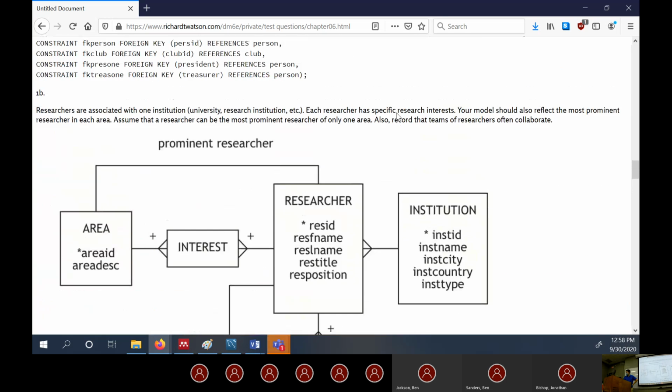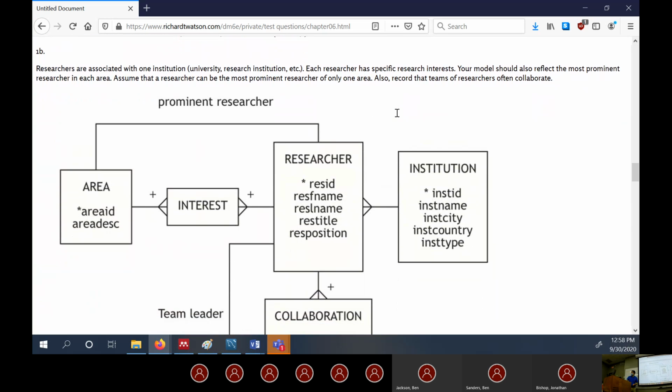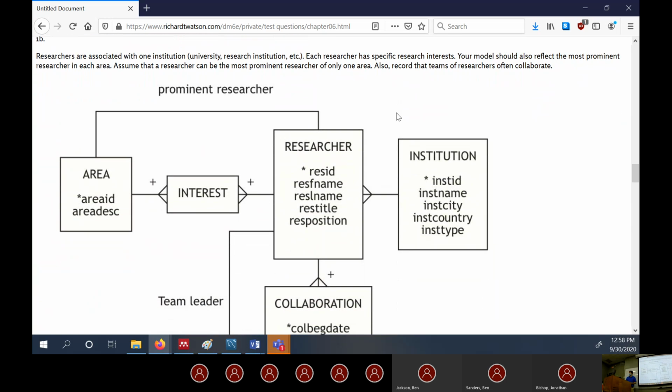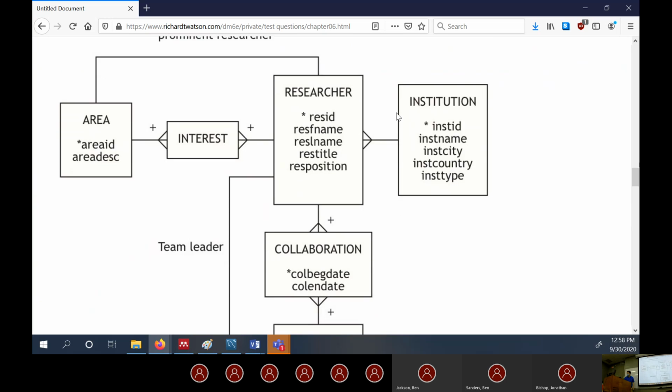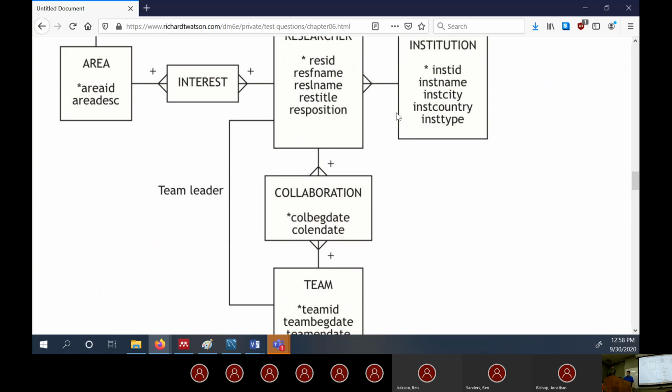So if we look down here, we see another example of a recursive relationship where we have the researcher and the team lead. We have a team which is comprised of researchers, and then we have the collaboration there, described as an associative entity.